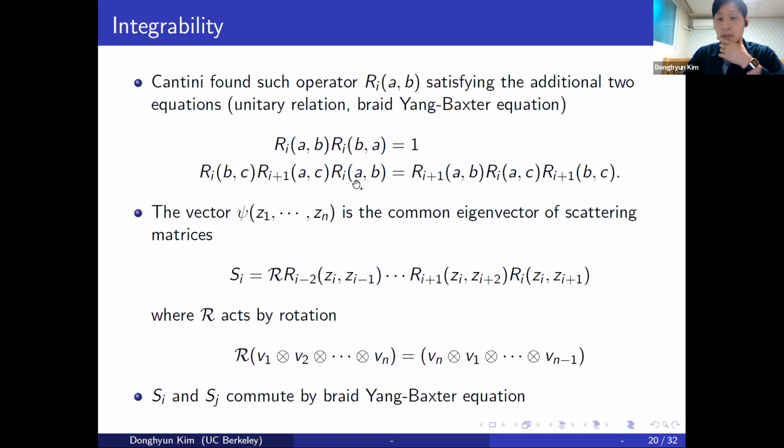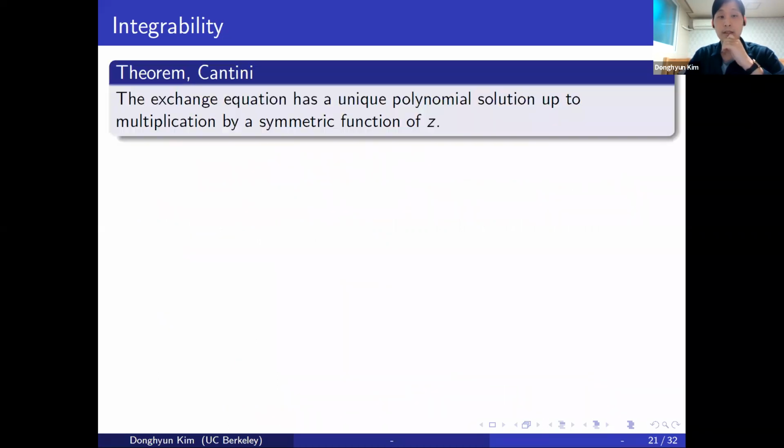And from the commutativity of these matrices, he showed that they have a common eigenvector, and then the eigenvector satisfies the exchange equation. So this is his idea, and he also proved that the exchange equation has a unique polynomial solution up to a multiplication by a symmetric function of z.